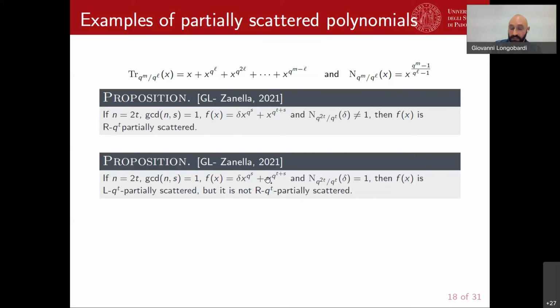Here we always have the same polynomial, but now the norm is 1. So this polynomial cannot be scattered, but it is L_{q^t} partially scattered. It cannot be scattered because Corrado Zanella showed that if the norm is 1, norm over q, not over q^t, then this polynomial cannot be scattered.